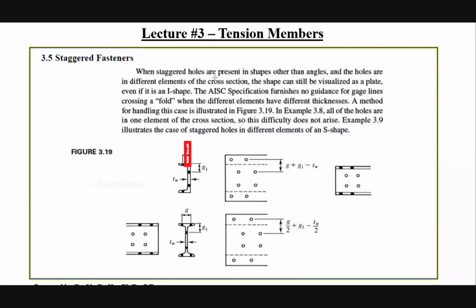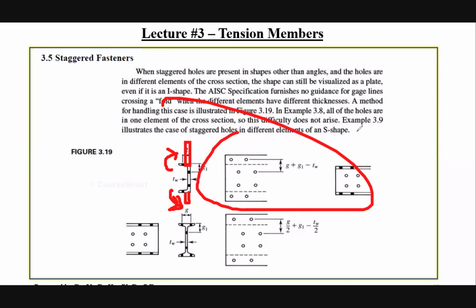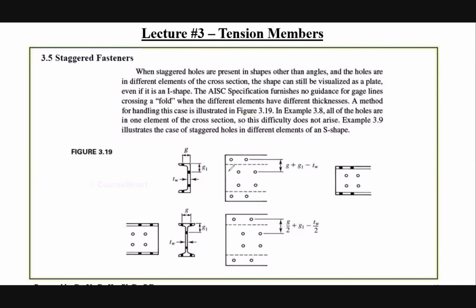We need to unfold, make it like a plate. If we unfold, it will look like this on the right hand side. So your gauge distance between these two bolts will be g plus g1 minus tw. So please remember this.